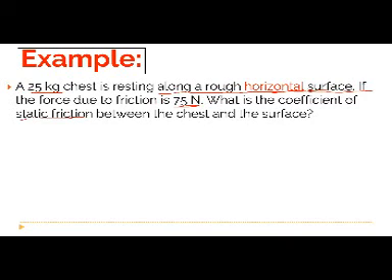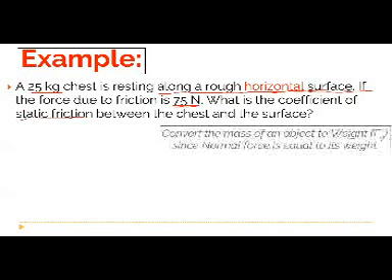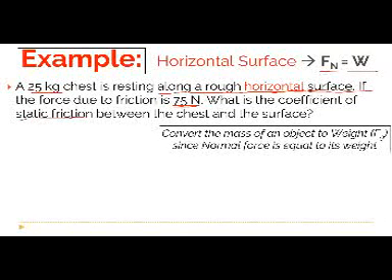Since we are looking for the coefficient of static friction, we will use the equation for static friction, which is F sub F is equal to mu sub S times the normal force. Since we have the value of our frictional force, we only need the normal force. Since we do not have it yet, we will identify it by getting the weight of our object.